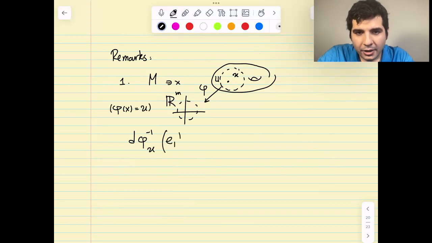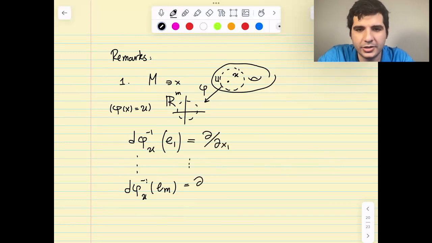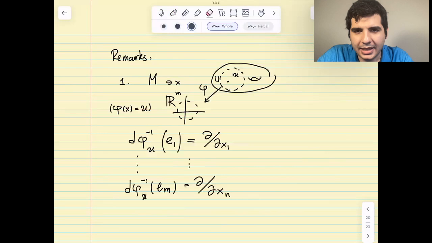We can now apply this linear function to the basis of R^m, e_1 up to e_m. These give you tangent vectors to the manifold M at the point x. We usually denote them with partial x_1 to partial x_m. You should think about them as m tangent vectors to M at the point x.